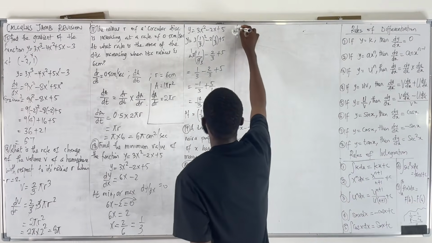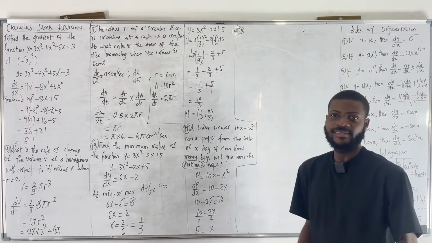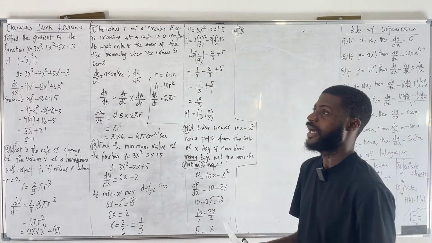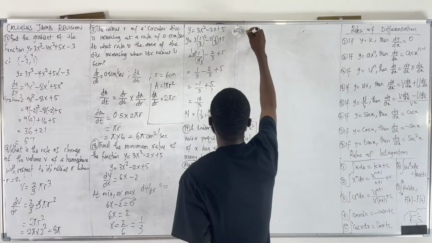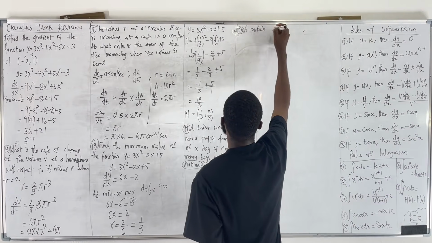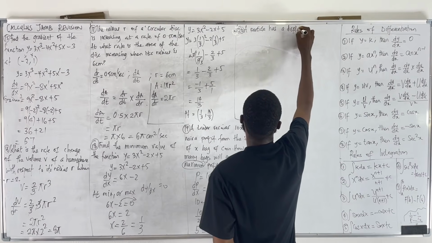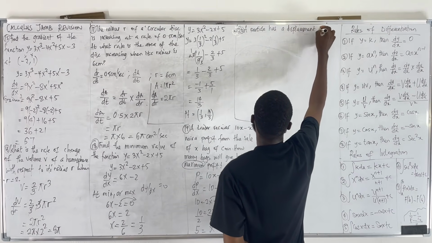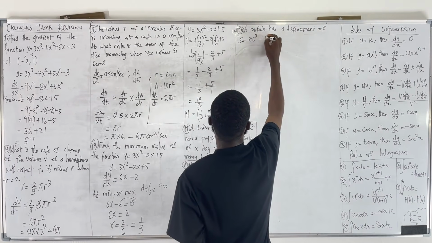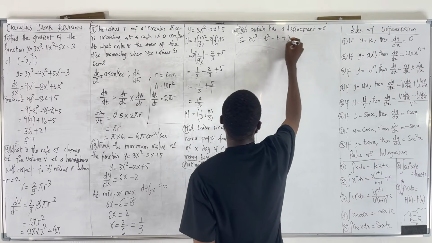Okay, that's number 19. Number 20. Oh God, this is a lot. Okay, so I want number 20 to be the last one. And let me put it this way. So a particle has a displacement of s equal 2t cubed minus t squared minus t plus 7.